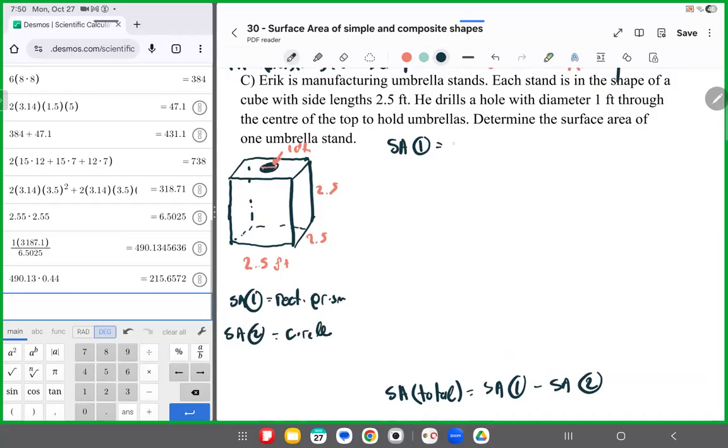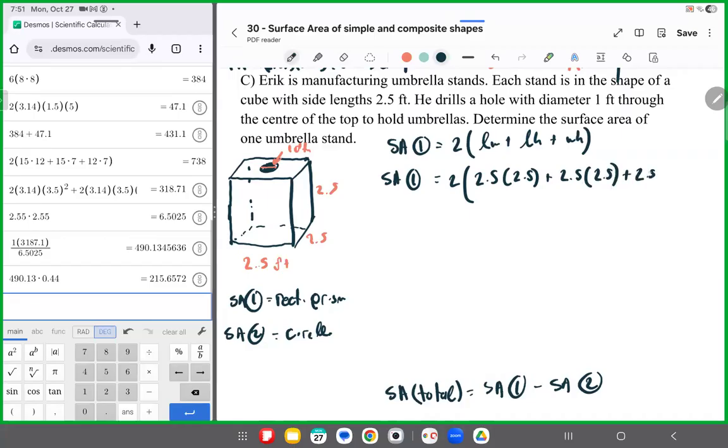Okay, so for the rectangular prism, it's 2 times LW plus LH plus width times height. So that's going to be 2 times 2.5 times 2.5 plus 2.5 times 2.5 plus 2.5 times 2.5.